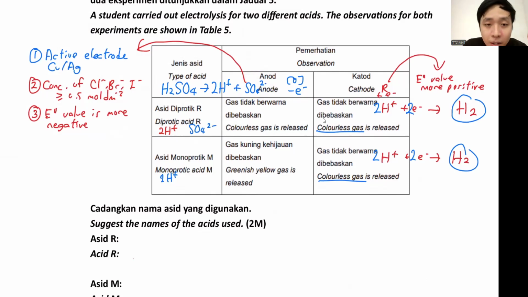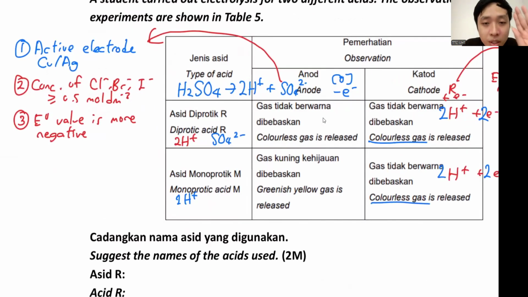And as I told you, the acid needs to ionize in water, then only can it produce hydrogen ion. So it means the acid is mixed with water. Water is H2O, right? Containing hydrogen ion and hydroxide ion. So it also means the electrolyte not only contains sulfate ion, it also contains hydroxide ion in this case.